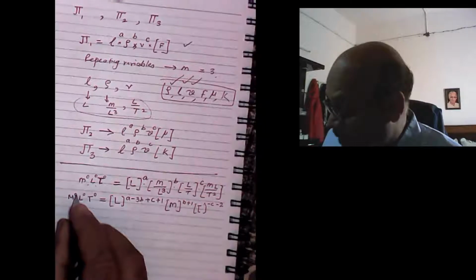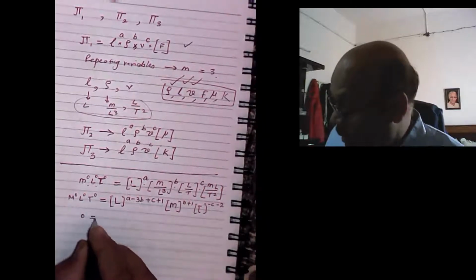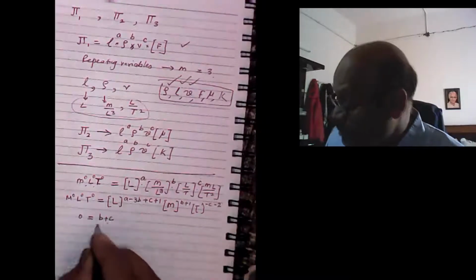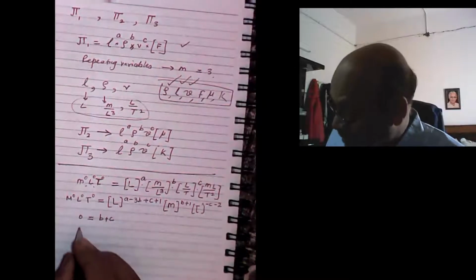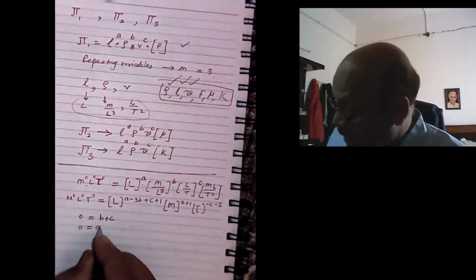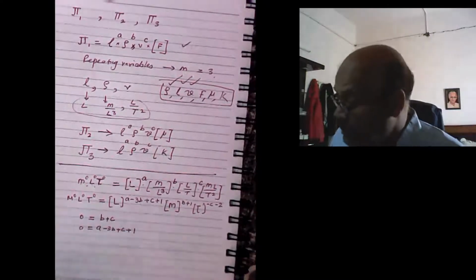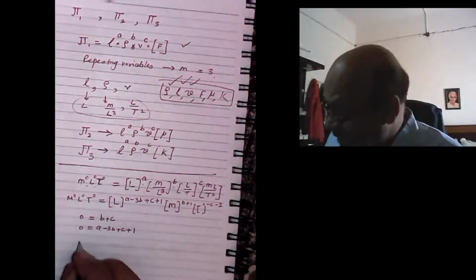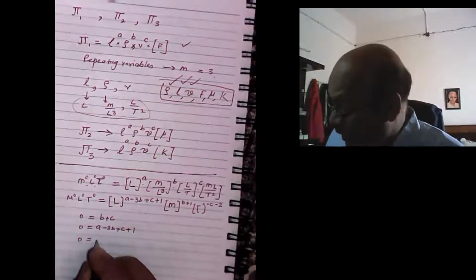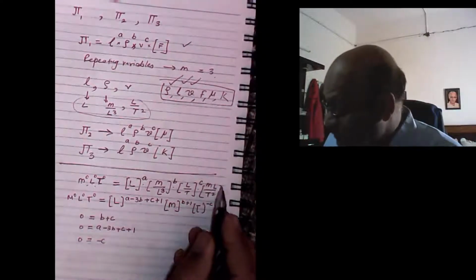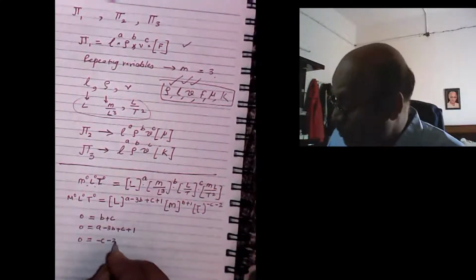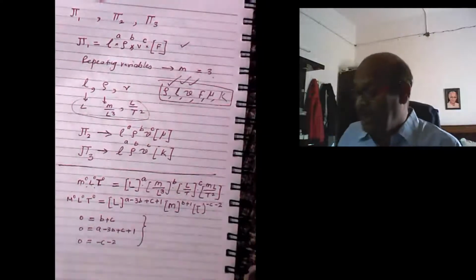So M raised to power 0, so 0 equal to b plus 1. L, that is 0 equal to a minus 3b plus c plus 1. And here T, that is 0 equal to minus c minus 2. So you can work out a, b and c.